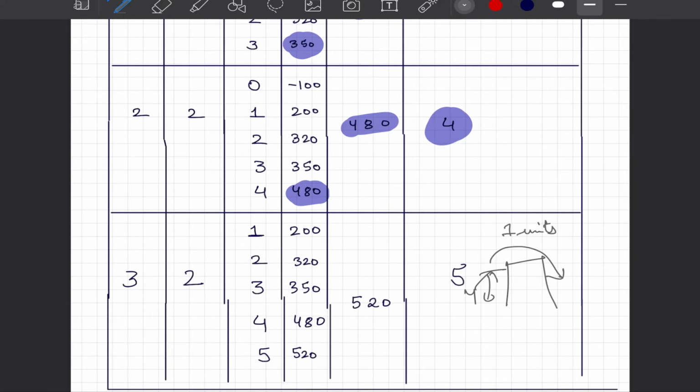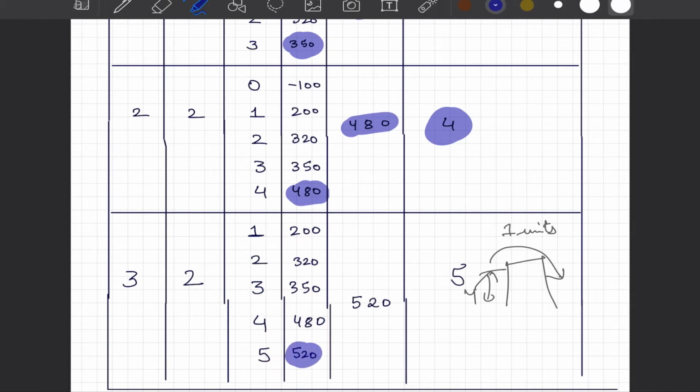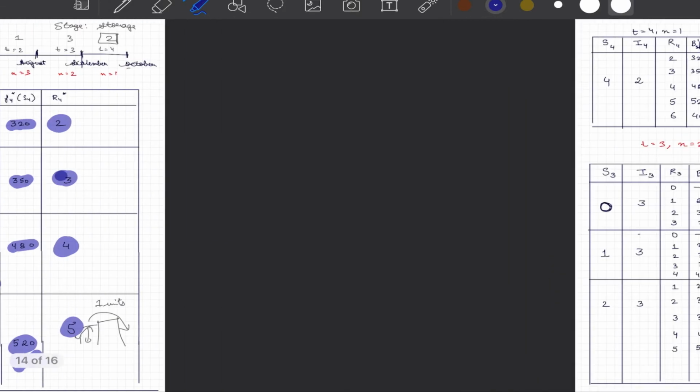So the minimum release that we can have is 1, and hence we can release 1 or 2 or 3 or 4 or 5, and we know the benefits associated with all these 5 releases. And you clearly see that if 5 units of water are available, we should release all 5 of them so that our gain is maximal, at 520.